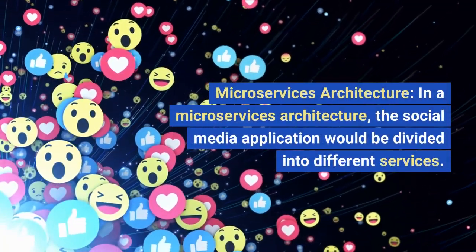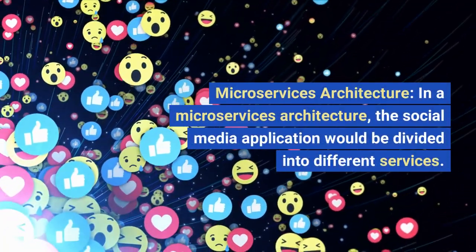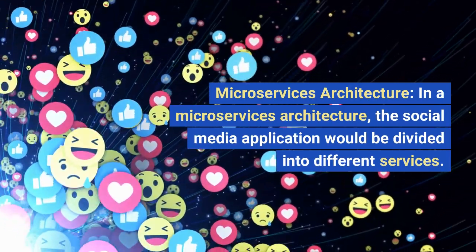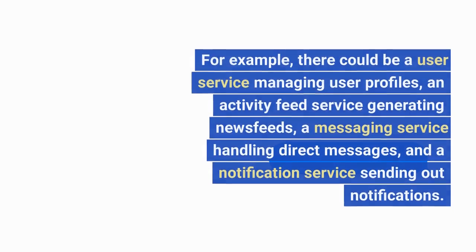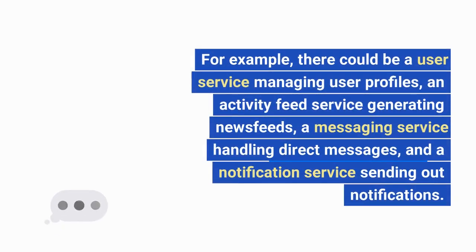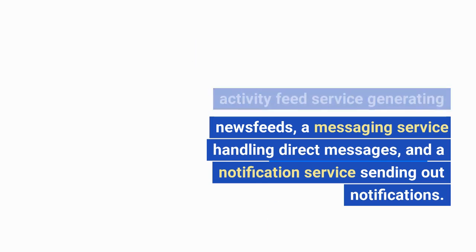Microservices architecture. In a microservices architecture, the social media application would be divided into different services. For example, there could be a user service managing user profiles, an activity feed service generating news feeds, a messaging service handling direct messages, and a notification service sending out notifications.